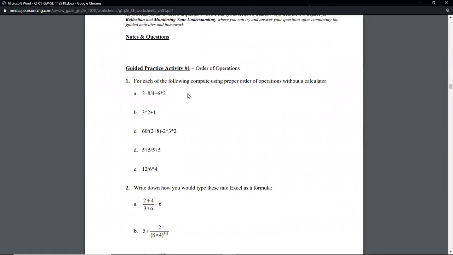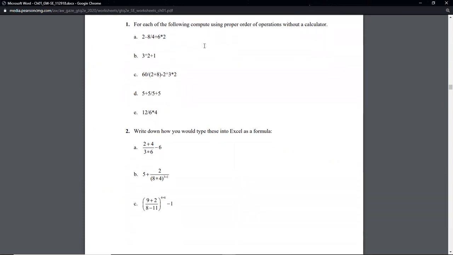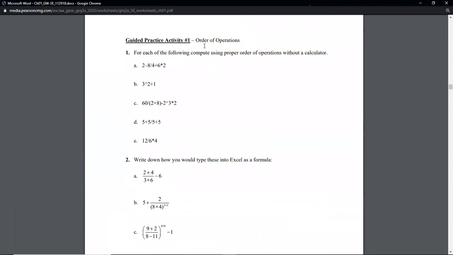So, guided practice activity number 1, and this is where our first discussion board is going to be. We'll do a couple of these, and I'll leave the rest for y'all because I don't want to take too many. For each of the following, compute using proper order of operations without a calculator.